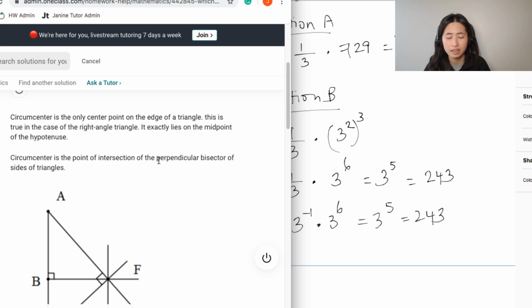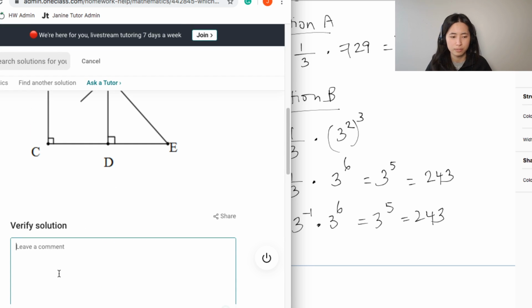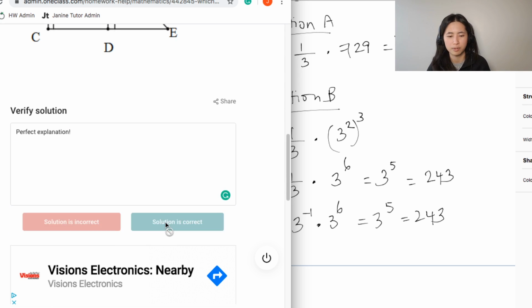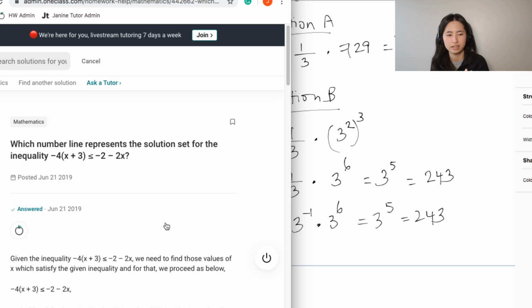And they also hit the mark where they specified you create perpendicular bisectors. So, perfect explanation. So yeah, I have nothing to correct because they actually mentioned 3 main points that I was looking for, so great.